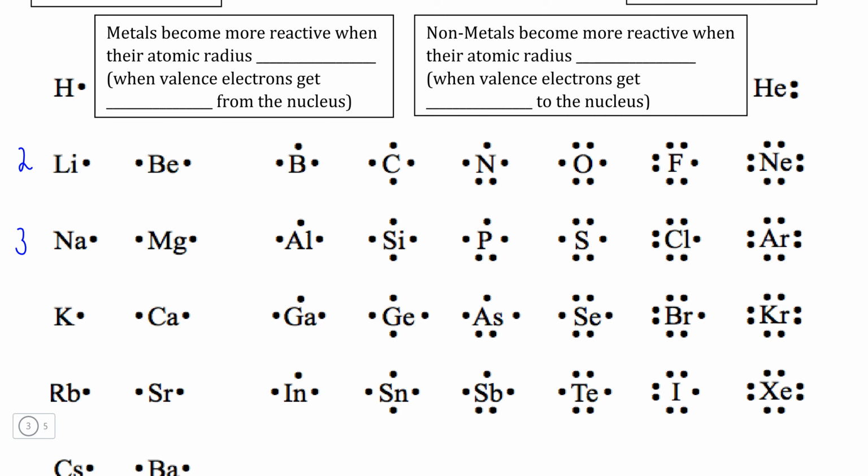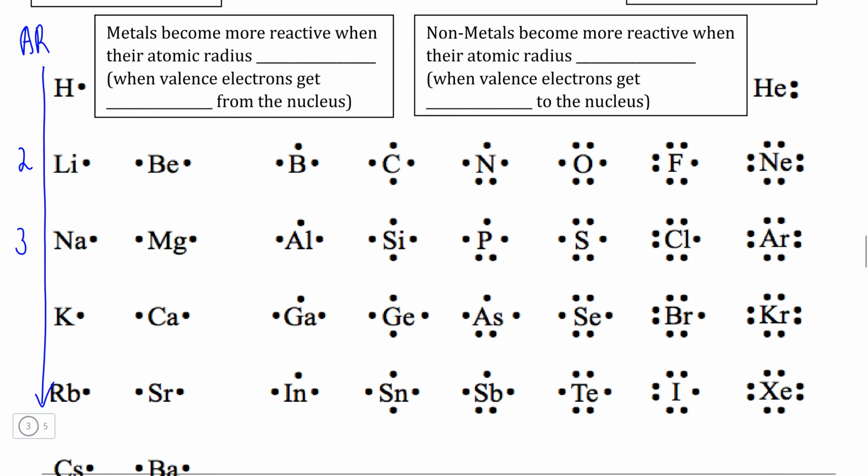Now, if we extrapolate this to the entire periodic table here, we can say that as we go down the periodic table, atomic radius increases, and this is beneficial for metals because this means that the valence electrons get farther away from the nucleus, and as the valence electrons get farther away from the nucleus, they become easier to remove.